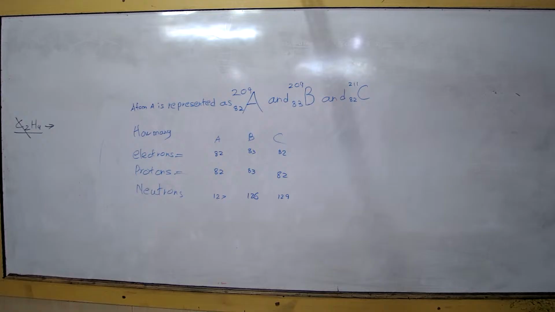Now define it. Explain what you mean by isotopes. Isotopes are atoms of the same element with different mass numbers, having the same atomic number. Correct.